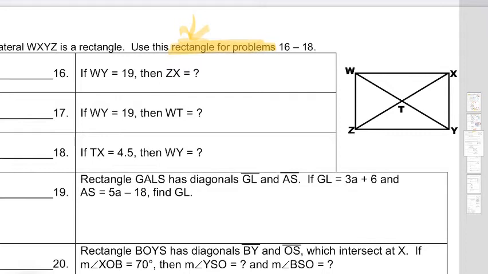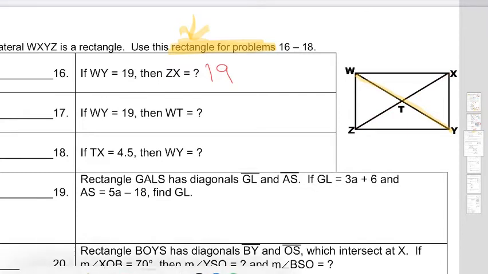So they're telling you that WY, so this entire diagonal here, is 19. Well, remember, diagonals of a rectangle are congruent. So if that's 19, that means the x is also 19.